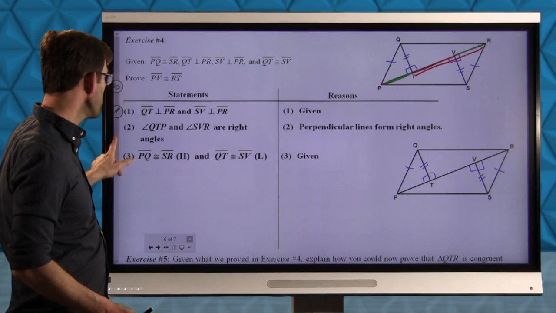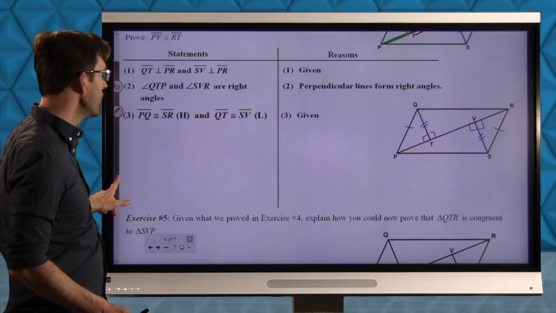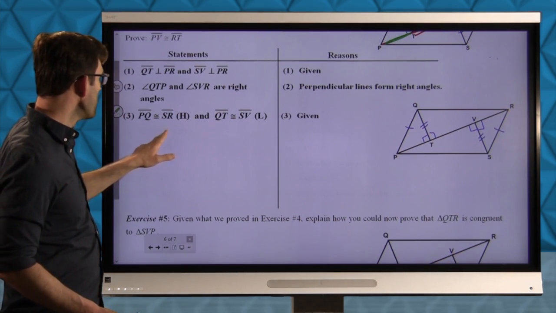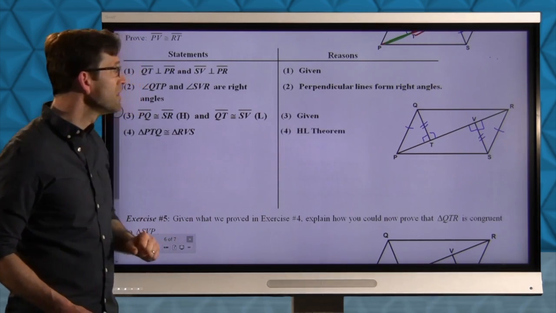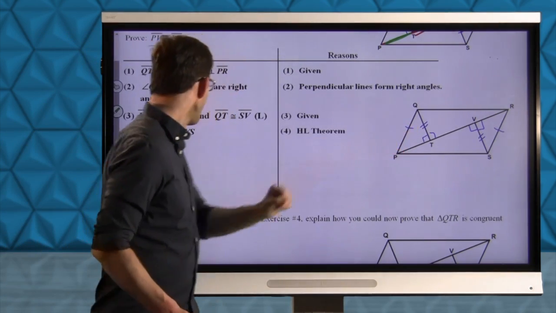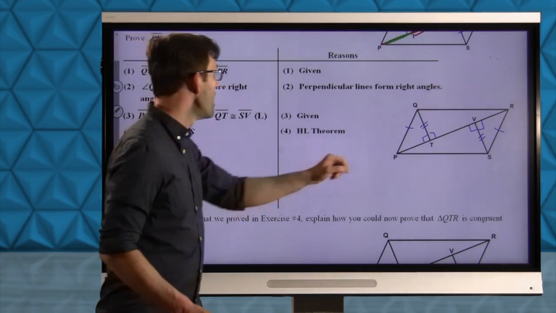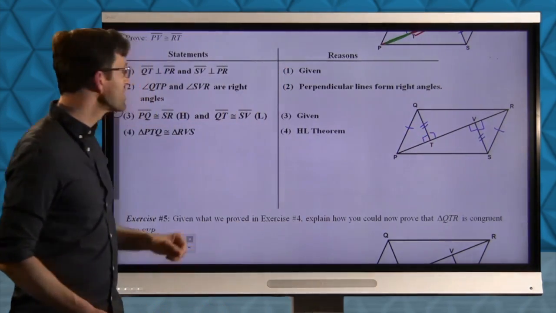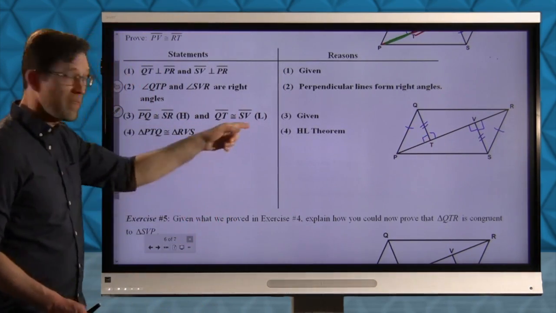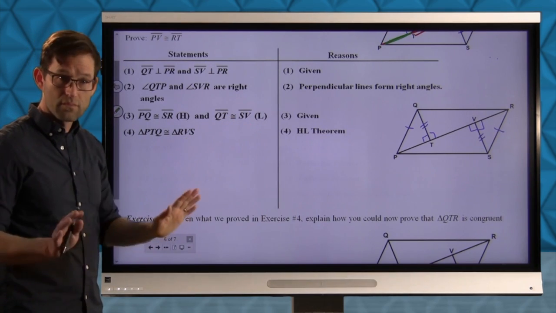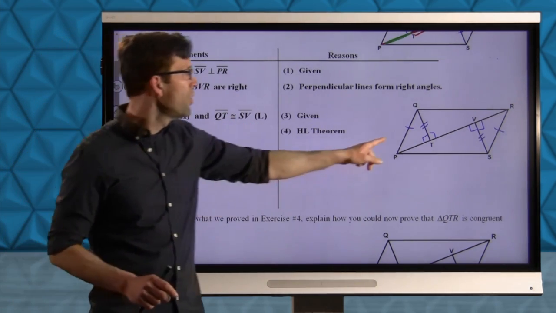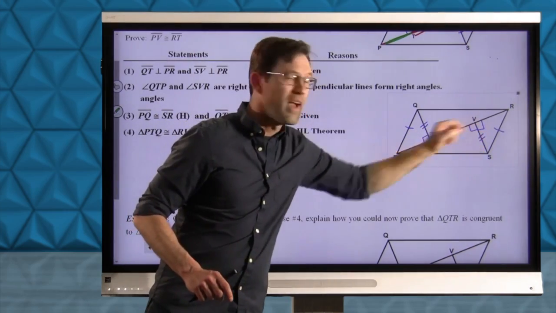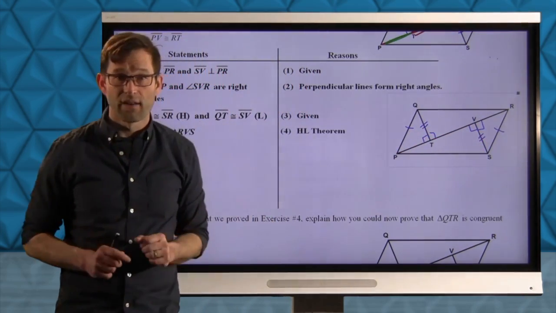Again, those are just givens. And then finally, I can say that those two little triangles, PTQ and RVS, are congruent by the hypotenuse leg theorem. So now I know that this little right triangle and that little right triangle are identical.